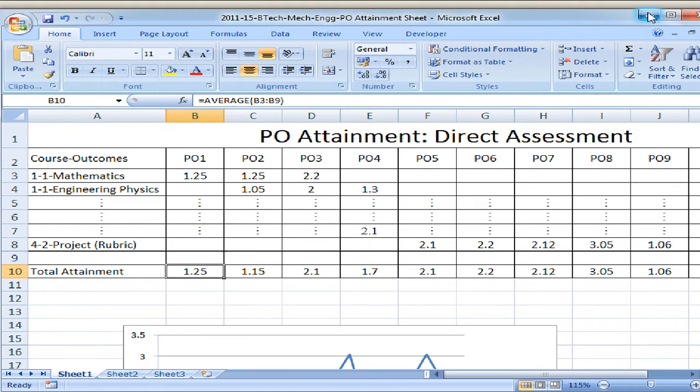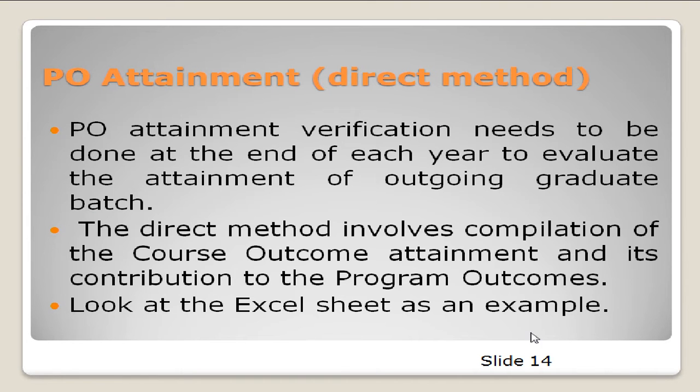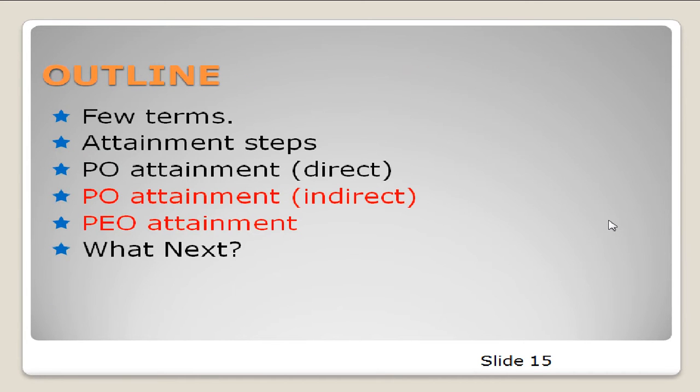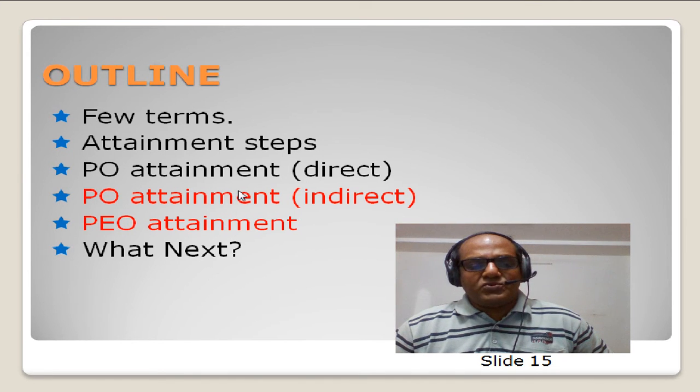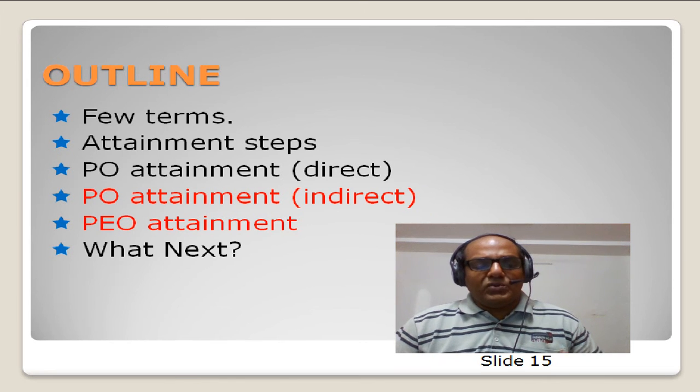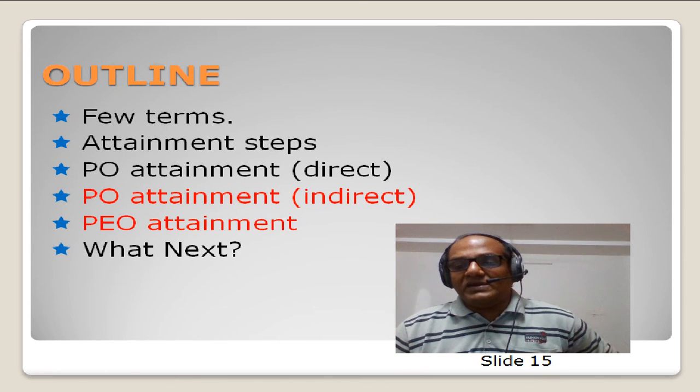Okay, this constitutes direct assessment of program outcomes. I'll send you this Excel sheet as an example so that you can build on it, further improve it and modify it.